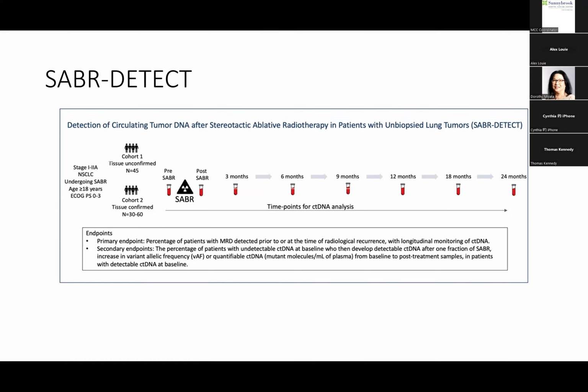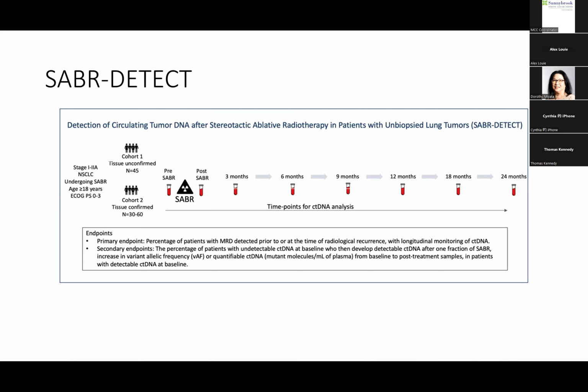In this trial, we're trying to see whether testing both pre and post stereotactic radiation can improve the sensitivity of the liquid biopsy, potentially by increasing the concentration of analytes after stereotactic radiation, as well as monitoring these patients for ctDNA changes during follow-up, which may help identify patients who have early disease recurrence, as the evolution from stereotactic radiation changes in the lung can sometimes lead to a lot of those uncertain and equivocal radiographic results.